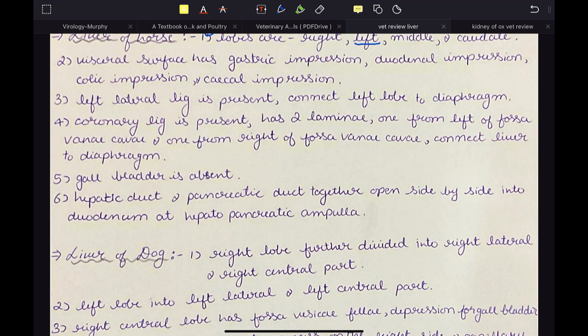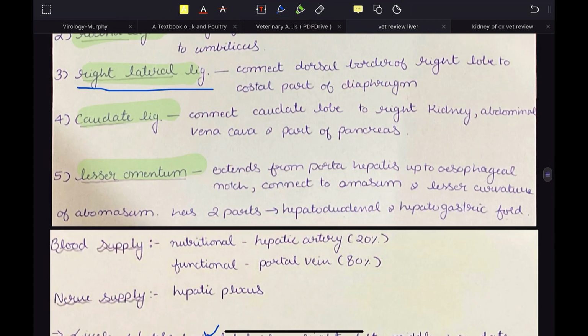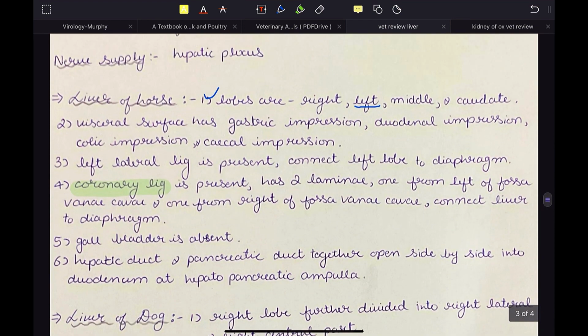Lateral ligament and triangular ligament are the same thing. These ligaments will connect the liver to the diaphragm. Again, an important point: in case of cattle, we discussed the right lateral ligament, so it has only one part, but in case of horse, the coronary ligament is present and it is divided into two parts, left and right, which is not seen in case of cattle.